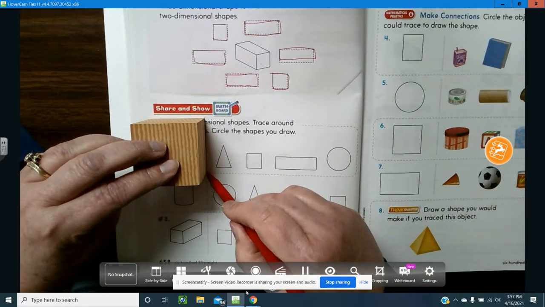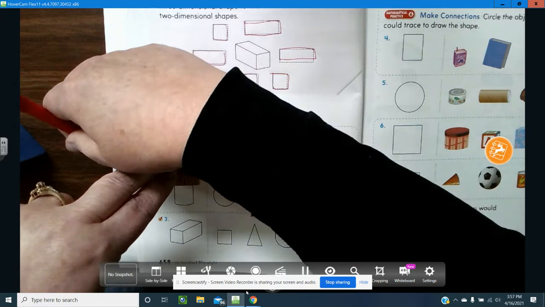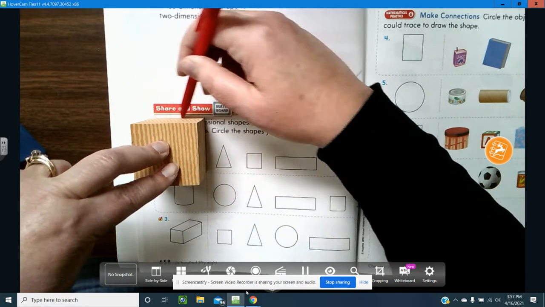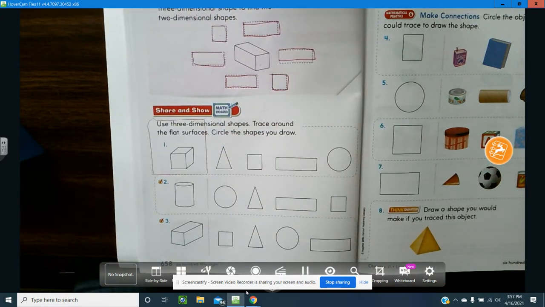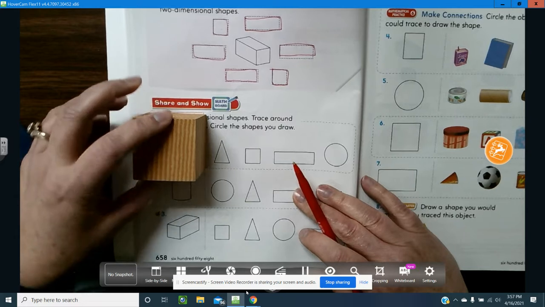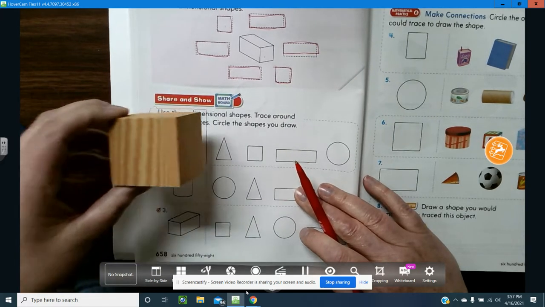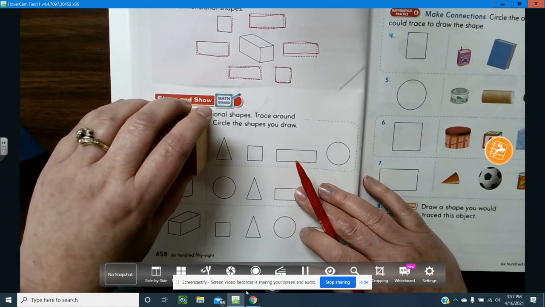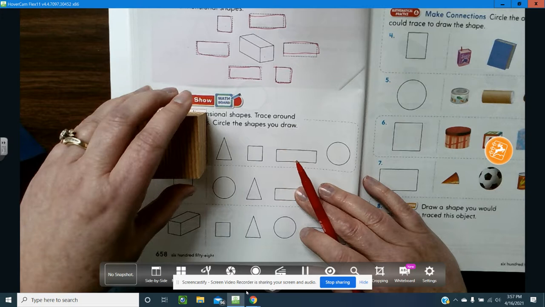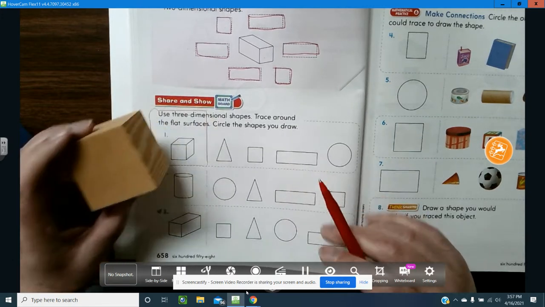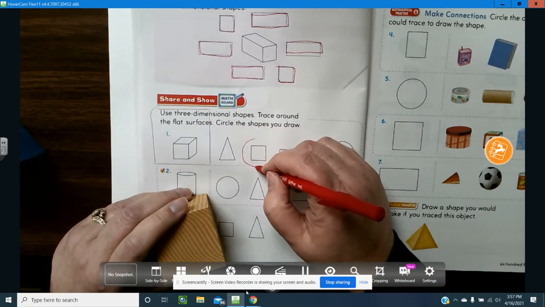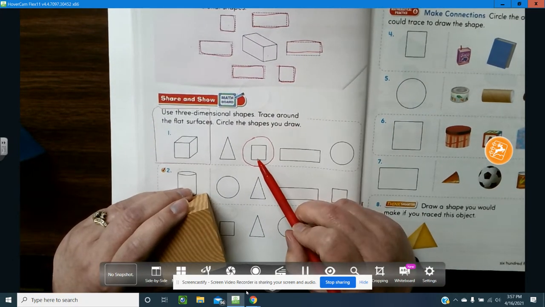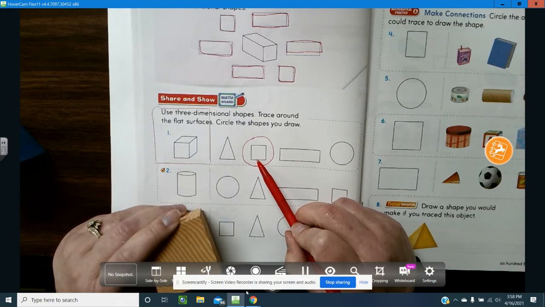I'm going to show you. This looks like a square. What if I trace this? Oh, it's still going to be a square. Or this, it's going to be a square. Or this, it's going to be a square. Three-dimensional shapes that have flat sides make a two-dimensional shape when you trace them.